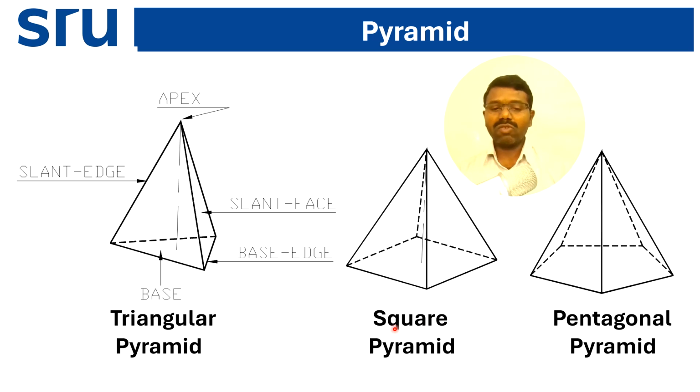Similarly, the square pyramid consists of 4 base edges, 4 slant faces, 4 slant edges, 1 apex and 1 base. Likewise, all pyramids have an apex. Remember, whenever a pyramid is mentioned, it will have an apex. Whenever a prism is given in the question, remember that the prism consists of vertical faces.